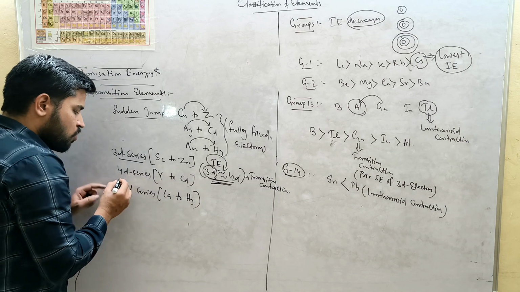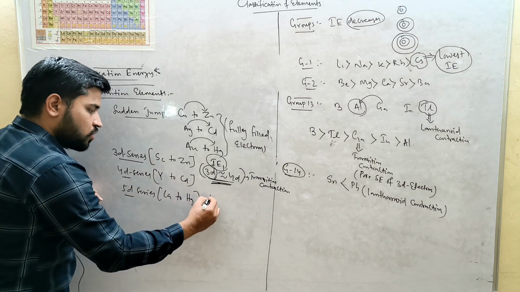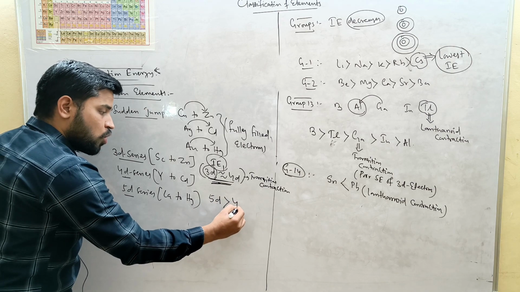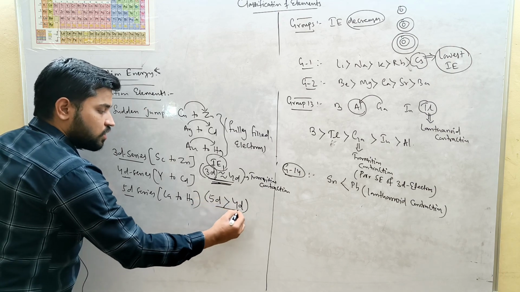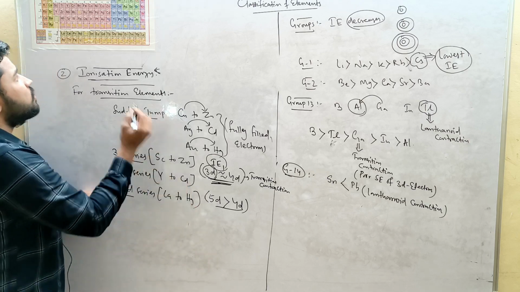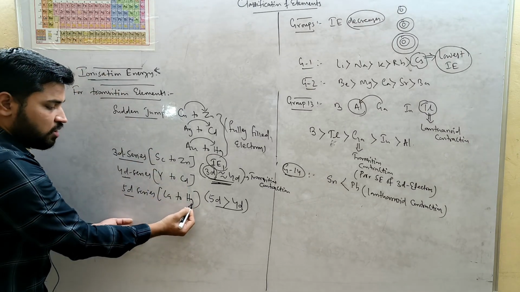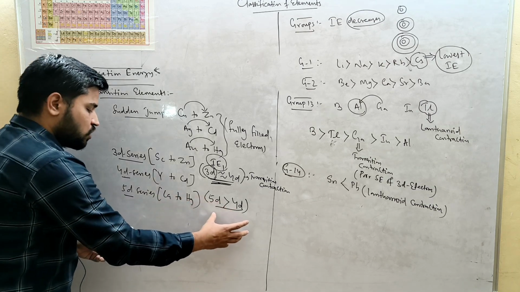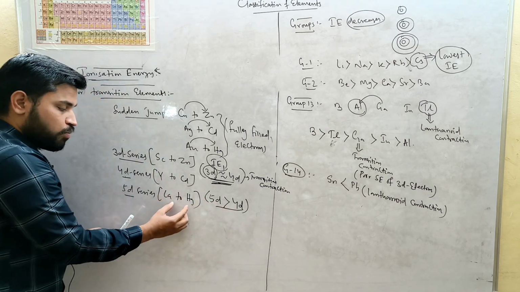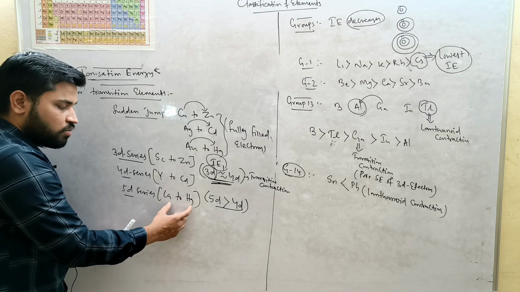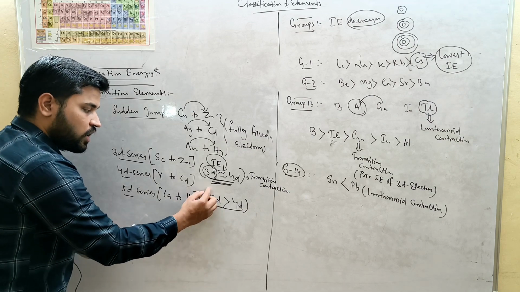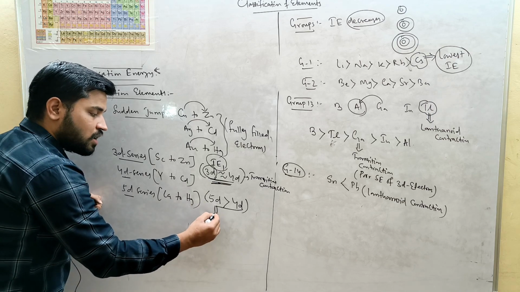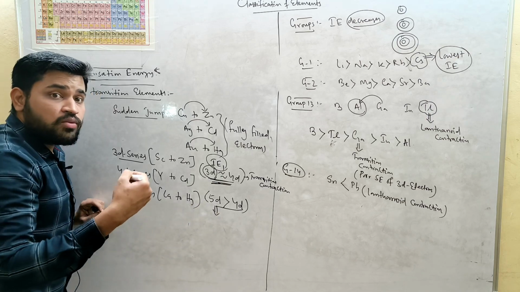But when it comes to the 4d series and 5d series, 5d series elements, from lanthanum to mercury, will have more ionization energy than 4d, because they come after filling 4f electrons.